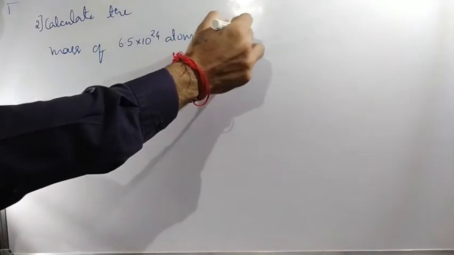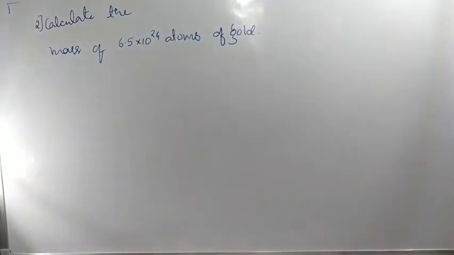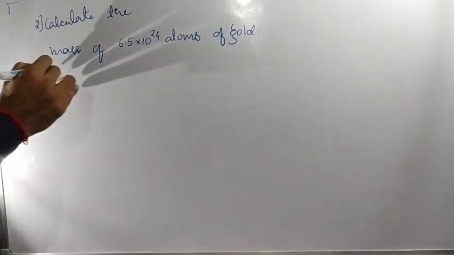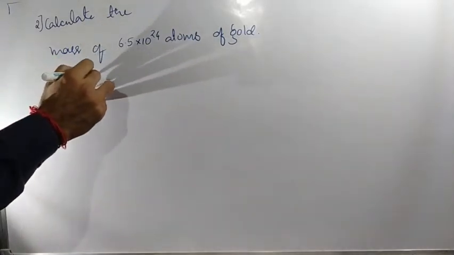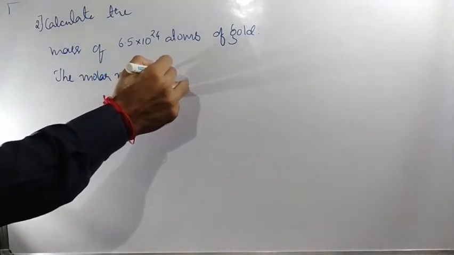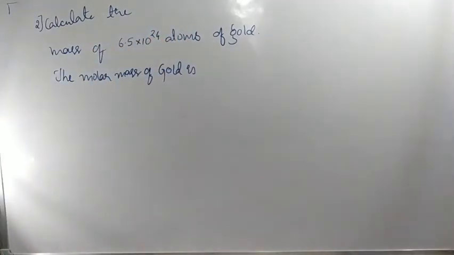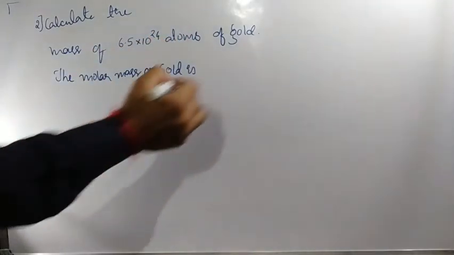Okay, these many atoms of gold. And they had also given that the molar mass of gold is 197 gram per mole.